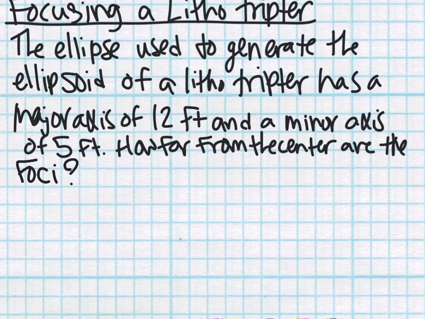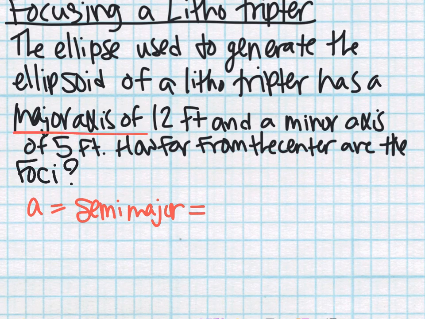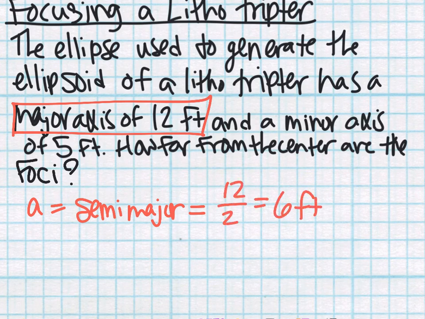So the distance from the center to the foci we know is c. From the given information, we know that a, remember that's our semi-major axis, is going to be, our major axis is 12 feet, so a is 12 divided by 2, or 6 feet.